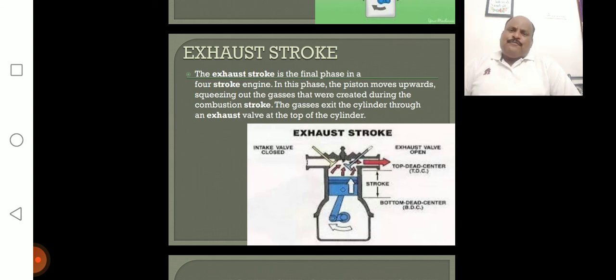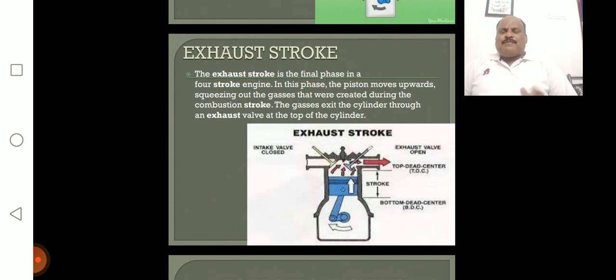So today we learned about the IC engine four-stroke cycle. In this, the first stroke is the suction stroke, second the compression stroke, third the power stroke, fourth the exhaust stroke. Just randomly we are looking at this one.